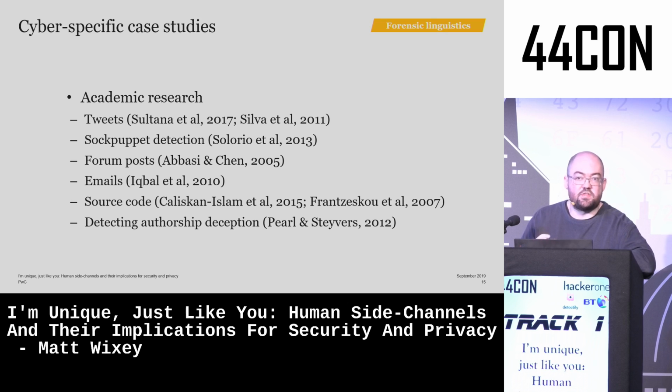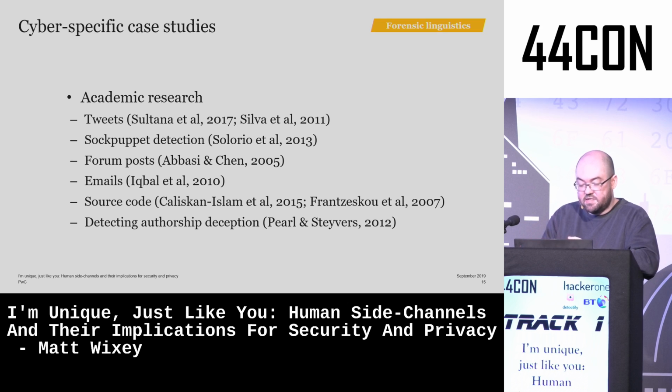There's been some really interesting work on applying forensic linguistics to source code. So looking at the way that people construct source code, the way that they have particular habits in whatever language it is in terms of the syntax that they use, can also be used to de-anonymize programmers based on source code. And as a really interesting offshoot of that, some of those artifacts even survive the compilation process.